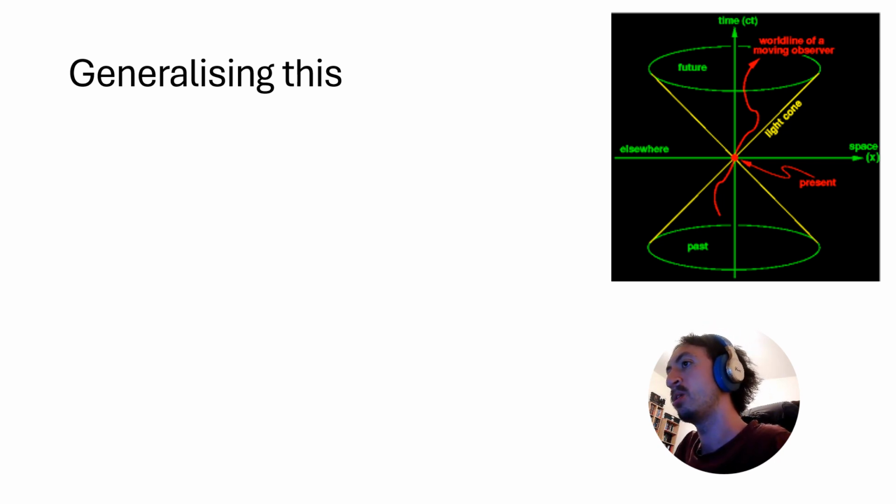Therefore, the motion of a light ray is going to be described by these lines. Light, or in other words, possibly information, could have reached you from the past, affecting your present, or you in the present could send out light beams and they could influence things in the future.